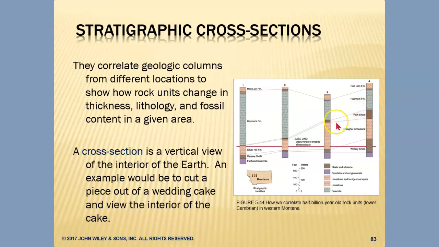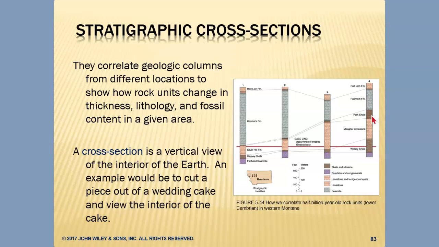Notice the Park Shale right here on the right-hand side, but notice how it peters out. It's still a formation because it's deposited over a long distance, but it does peter out, of course. So when I look at this column right here, I notice that the Park Shale peters out. This Park Shale is shale and siltstone, and shale and siltstone represents a low energy environment.